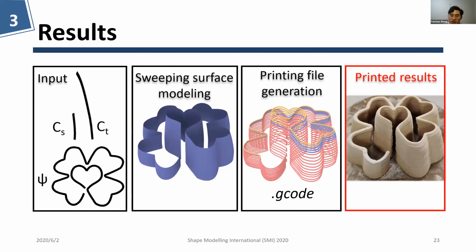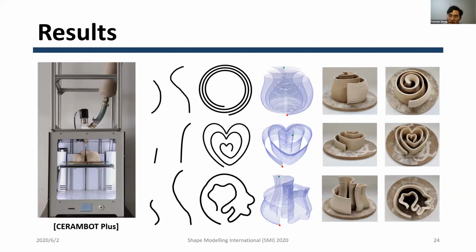Finally, here are some printed results. We invite 10 undergraduate students to perform the surface design. It takes 2 to 10 minutes for them to finish designing the CS, CT, and PHY.